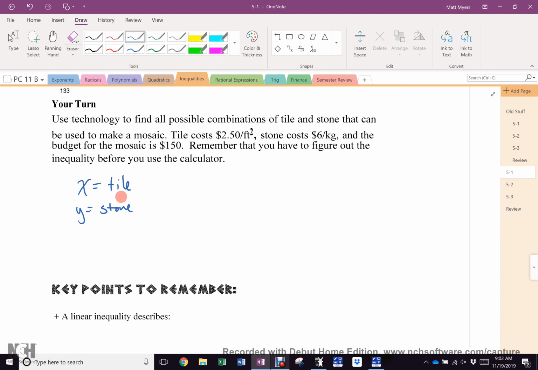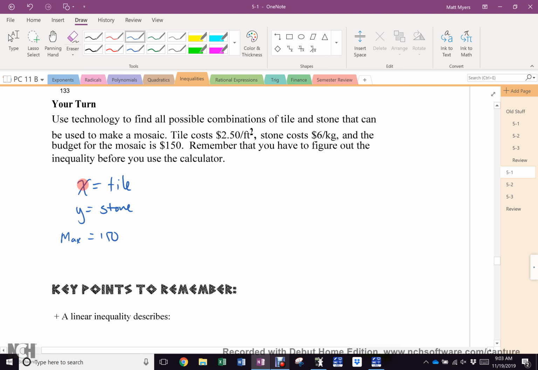Now, did everybody choose it this way? Of course not, right? So if you don't have X as tile and Y as stone, would you change it right now? Of course not, because it doesn't matter, right? So now, what else do I know? I got a max budget equals 150, yes?